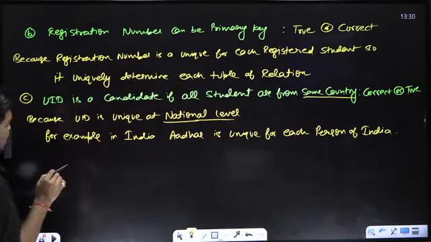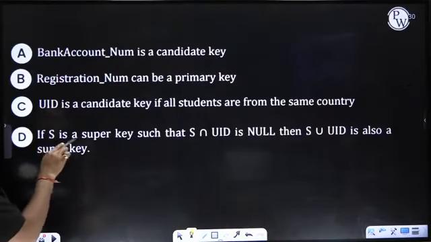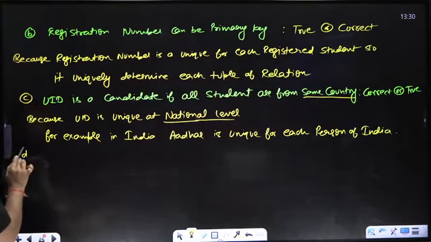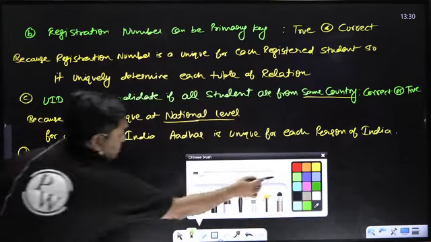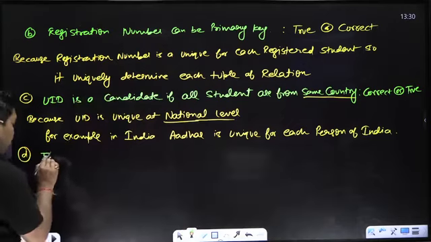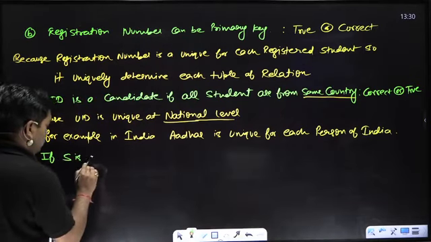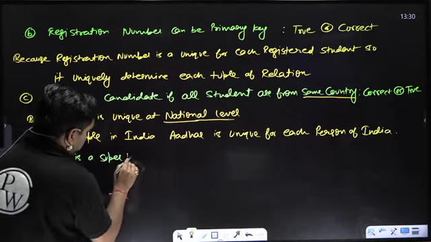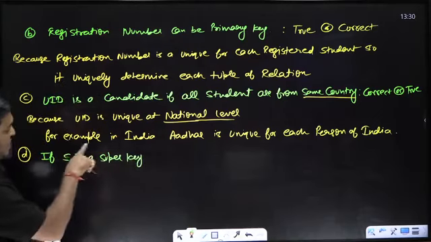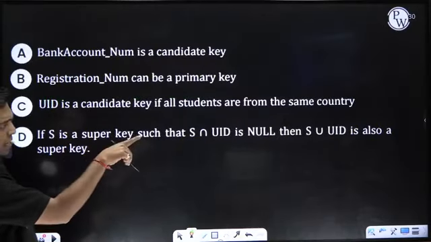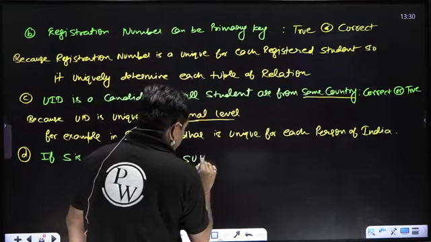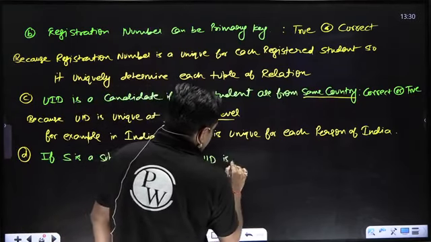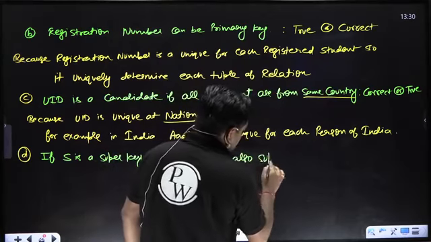Now option D is saying if S is a super key, then S union UID is also a super key, my dear.